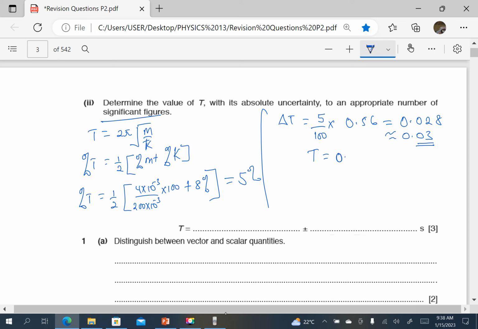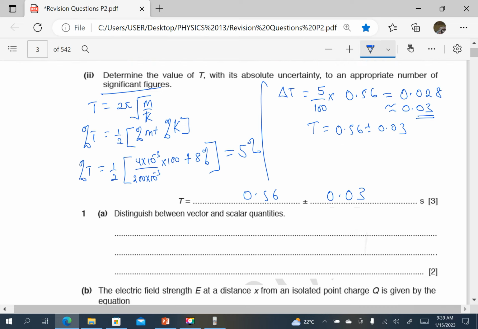So T will be 0.56 plus or minus 0.03. Okay, so that is the value there.